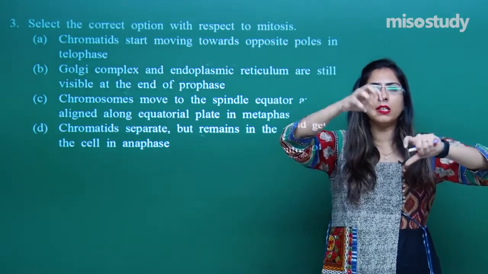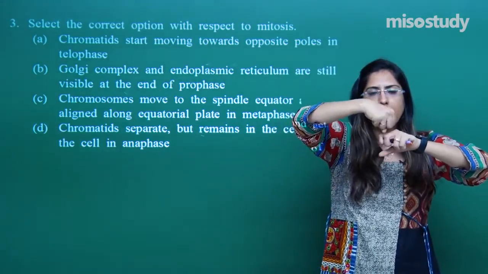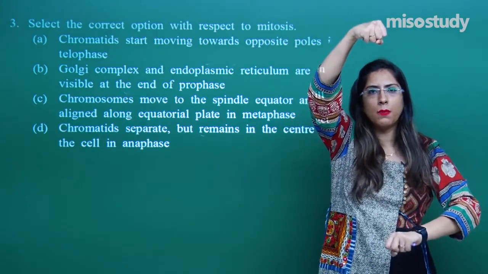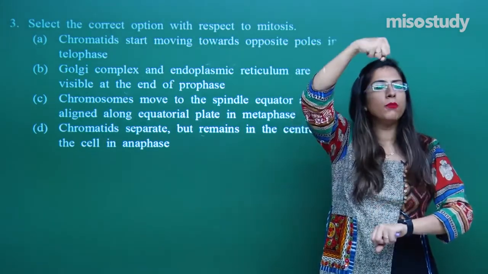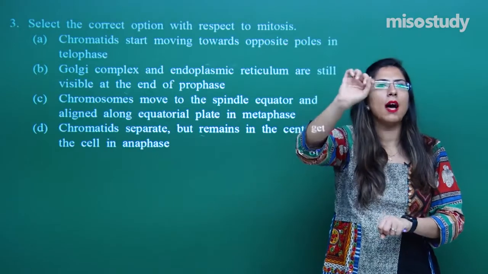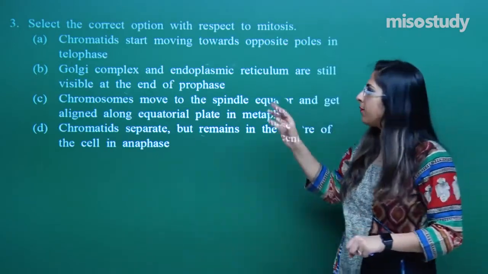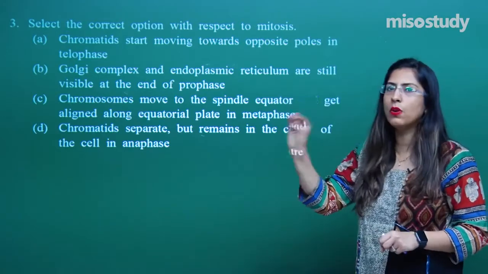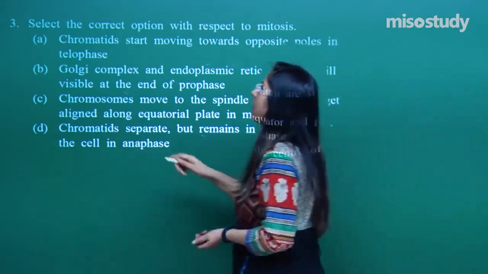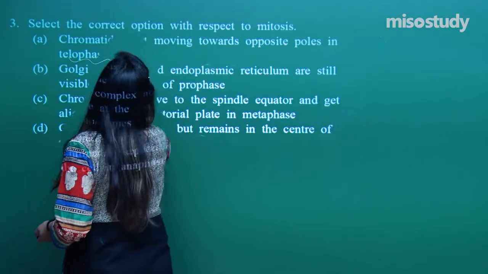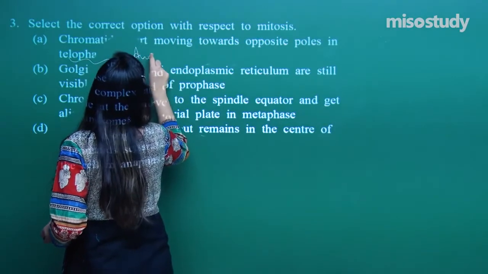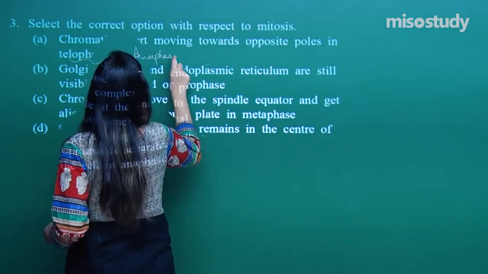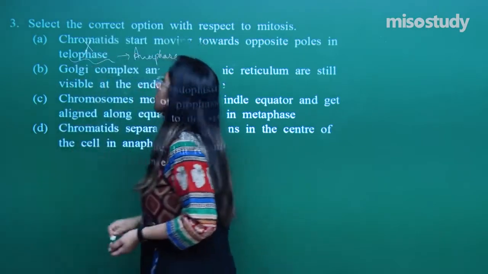After this, the anaphase comes and tries to pull these chromosomes towards the opposite poles. Later on, the last is called telophase. But the first option states that the chromosomes start moving towards the opposite pole in telophase. No, in anaphase they start moving towards the opposite pole. So this is the wrong option.